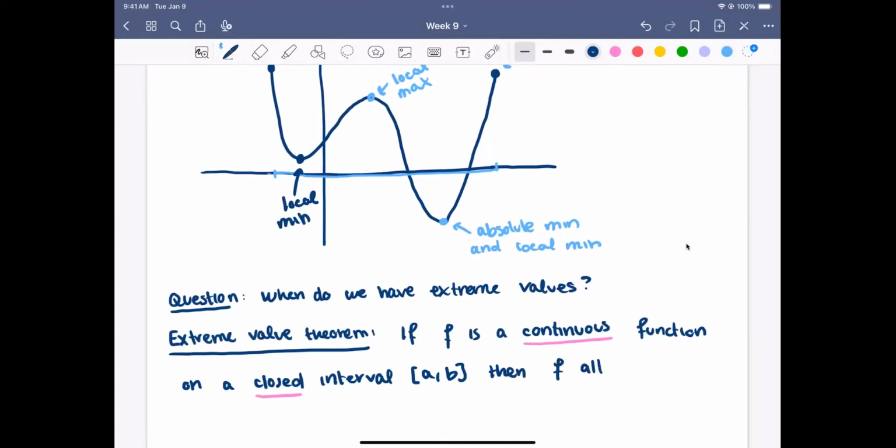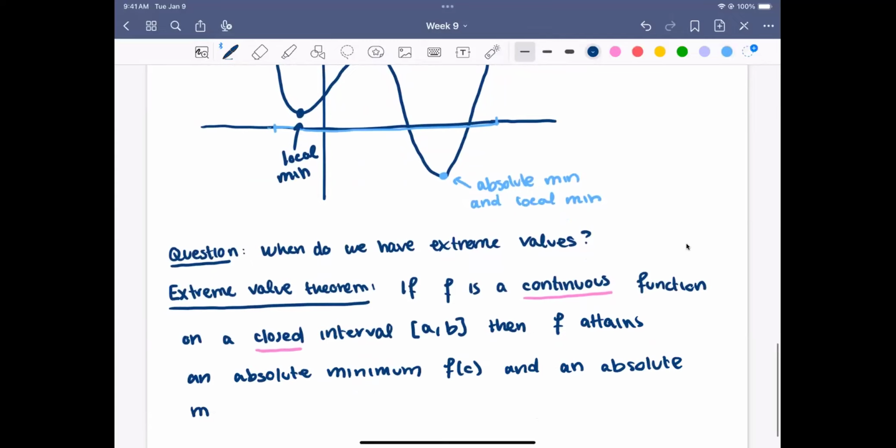f attains an absolute minimum, I'll call this f of c, and an absolute maximum, f of d, for some c and d that came from the interval.